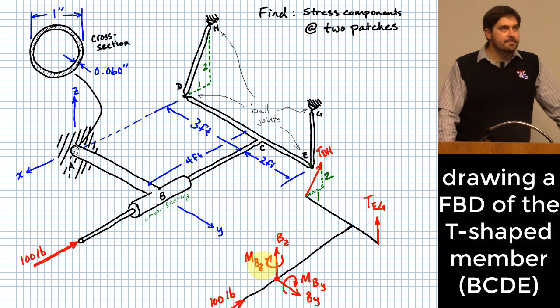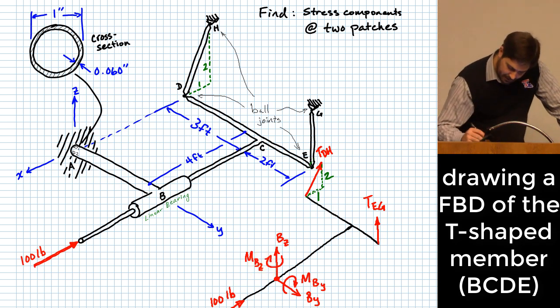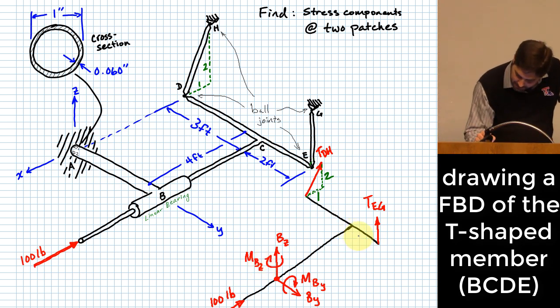Okay, so what else do I need on my free body diagram? Dimensions. All right, so I should put on a dimension, let's say over here, of 2 feet, saying that that's how far it is from this location over there. It's 3 feet right here.